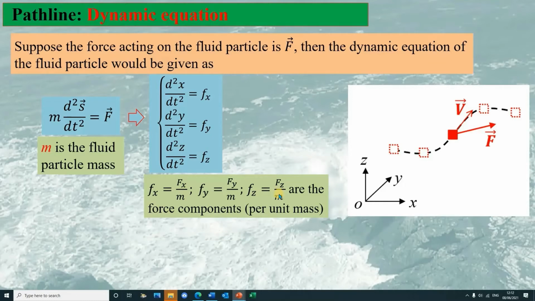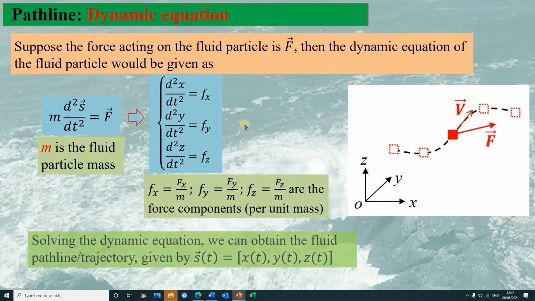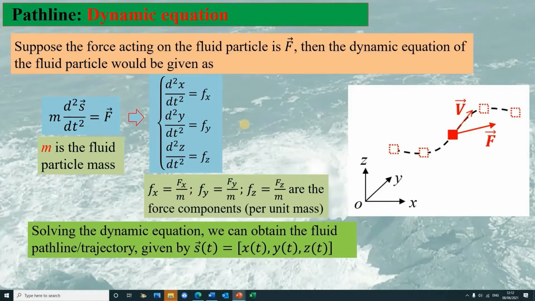All these are the force components per unit mass. So principally, if we solve the dynamic equation, we can obtain the fluid pathline or the trajectory given by the vector s or by the components x, y, and z. So if we obtain the vector s, then we can draw out the pathline as this.